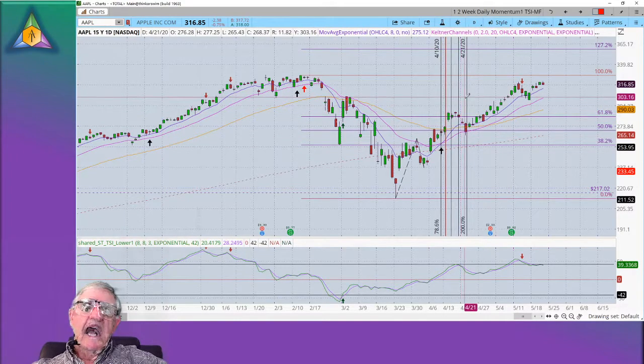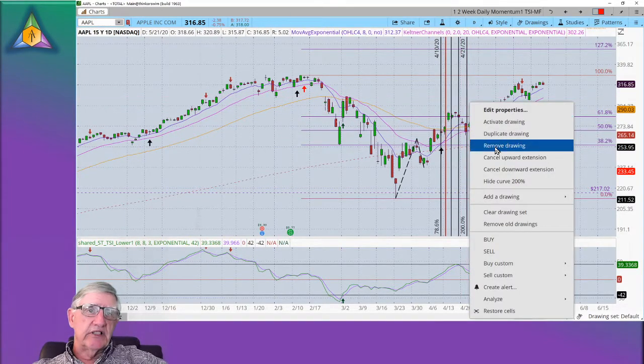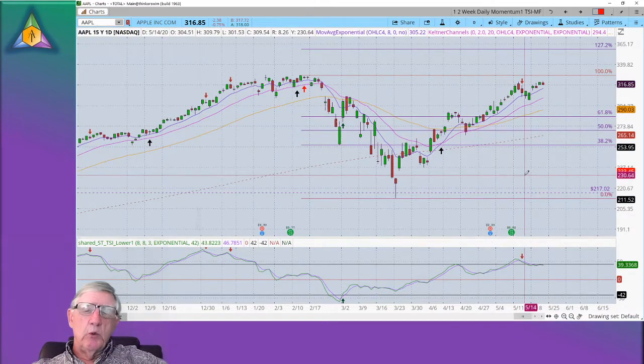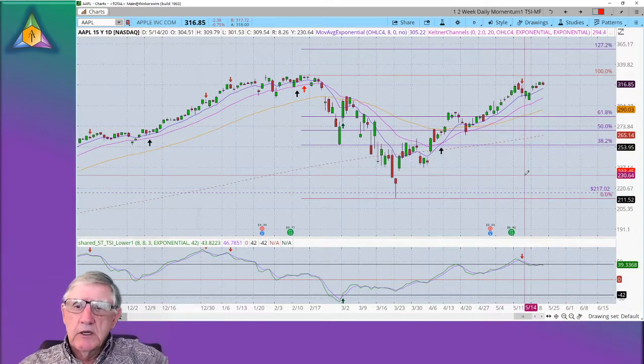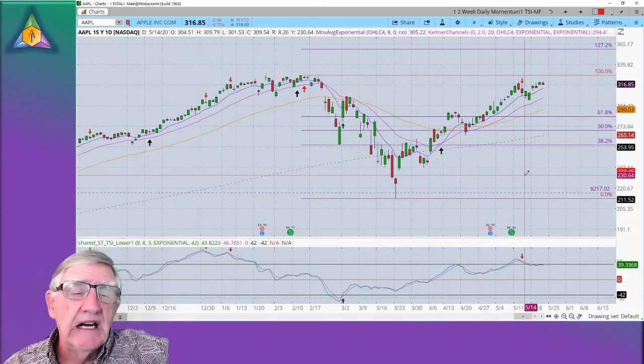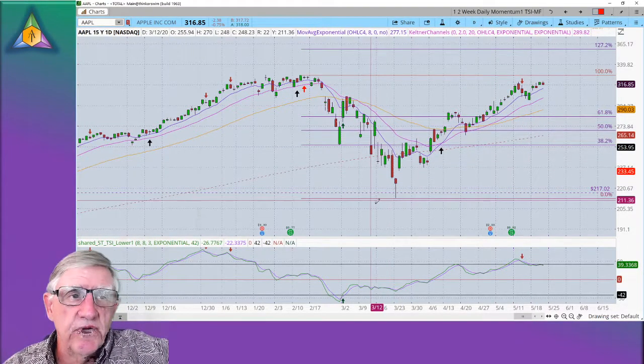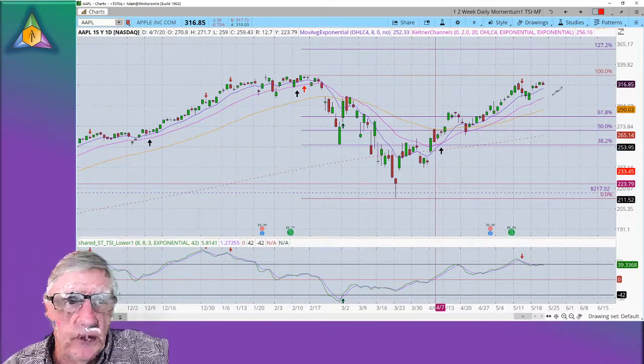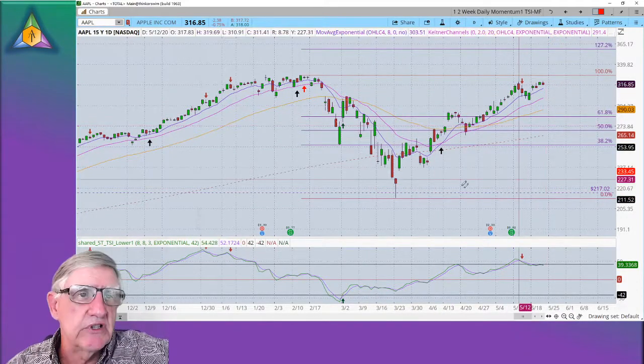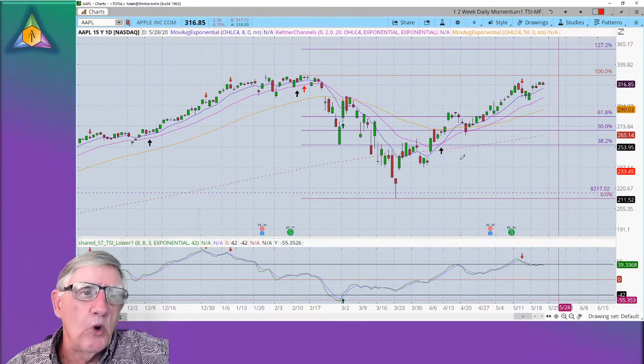Now again, just like candlesticks provide us places where we can anticipate and expect reversals, however, it doesn't tell us how far. Same thing, we have to analyze both the trend and where things are at in relation to the moving averages. And so I want to throw one more extension on here.